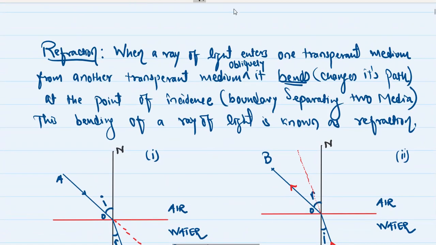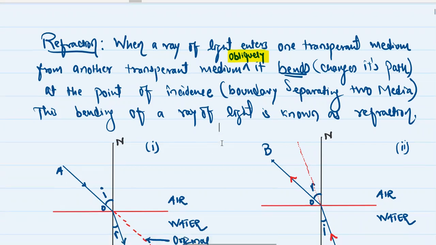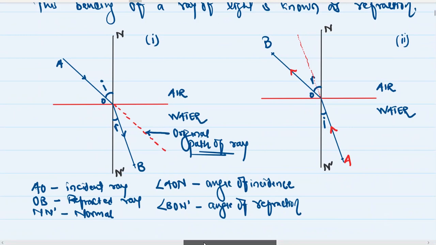In this definition, one word I clearly highlighted, which is obliquely. The ray of light should enter obliquely, that is, slant. It should not enter normally or perpendicular.